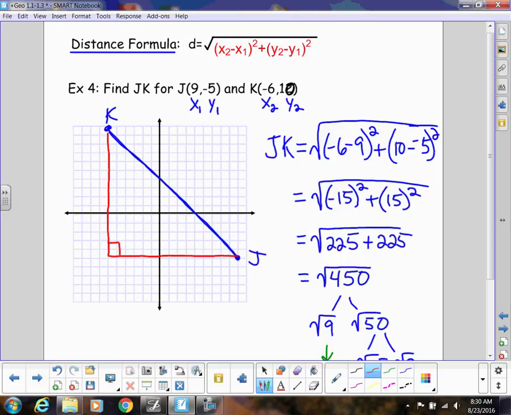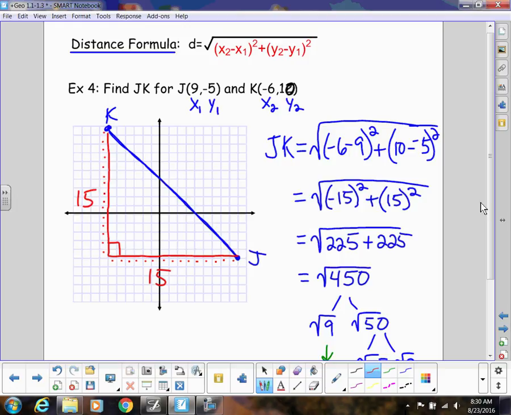It's almost like you're counting rise over run. So this distance on the bottom is 1, 2, 3, up to 15. And then this distance along the side is also 1, 2, 3, up to 15.